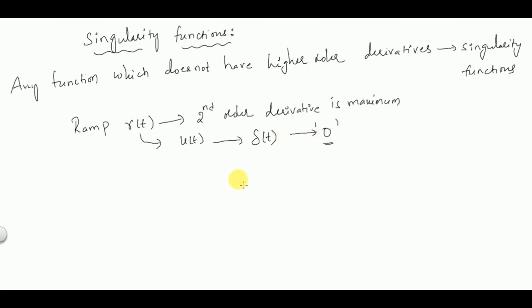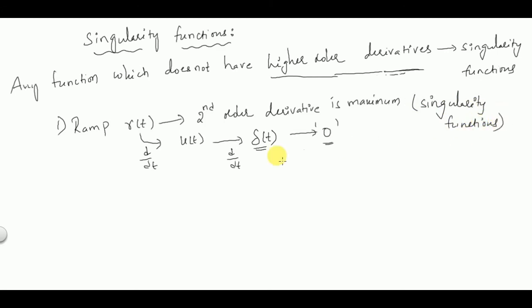So the first derivative is u of t and the second derivative is delta of t. This is the highest derivative present for a ramp function, and hence its higher order derivatives are equal to 0. So this type of function is called a singular or singularity function. So ramp is an example of singularity functions.